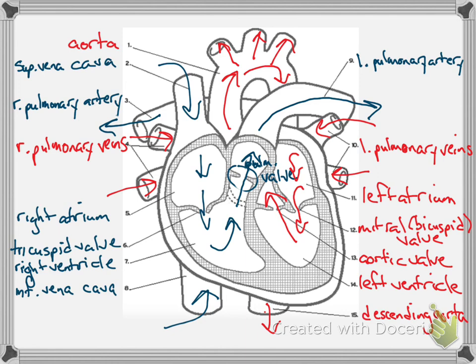And this cycle repeats, again, 60 to 80 times a minute for your entire lifetime. And as long as the organs involved are functioning well, this is a very efficient process that gets as much oxygen as you need to tissues for an entire lifetime.